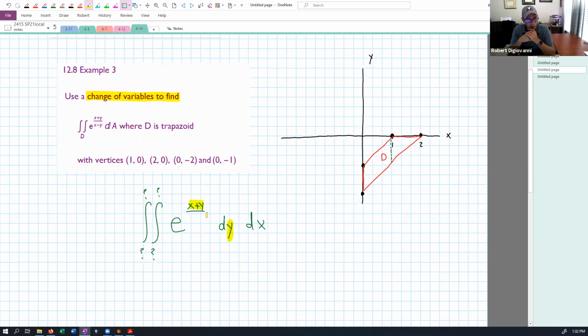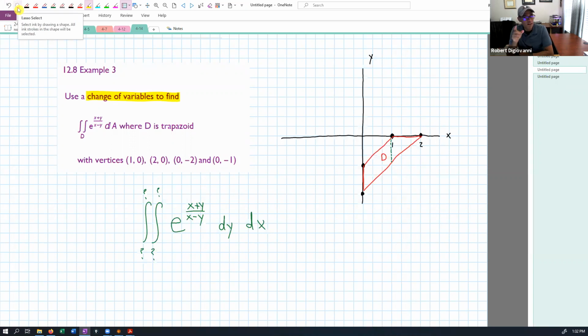So that's the problem. But recognizing that that's the problem might also be the key to figuring out what substitution, what transformation we should make. Anybody have a guess?